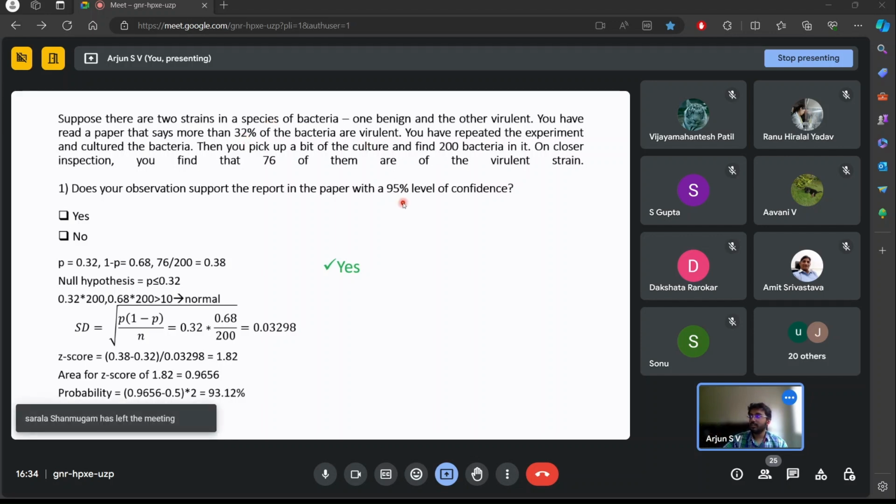We proceed with this problem using measurement of proportion.